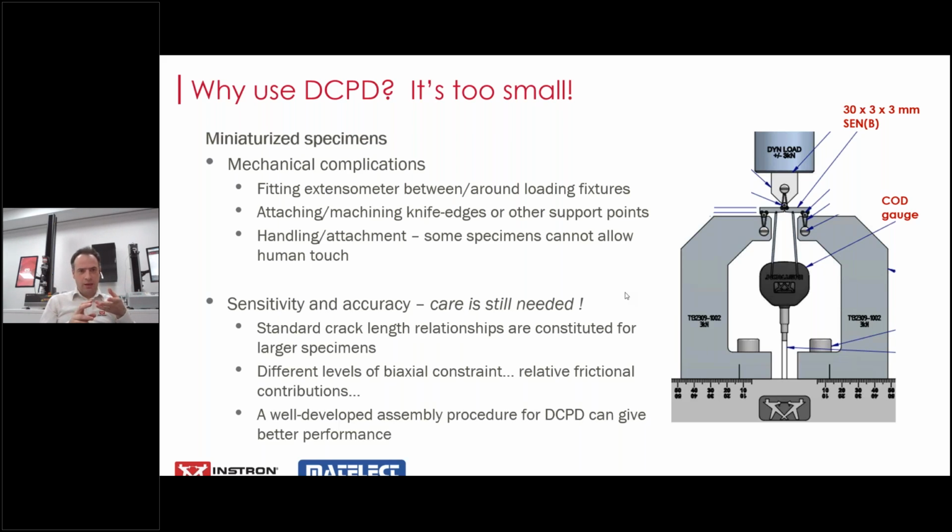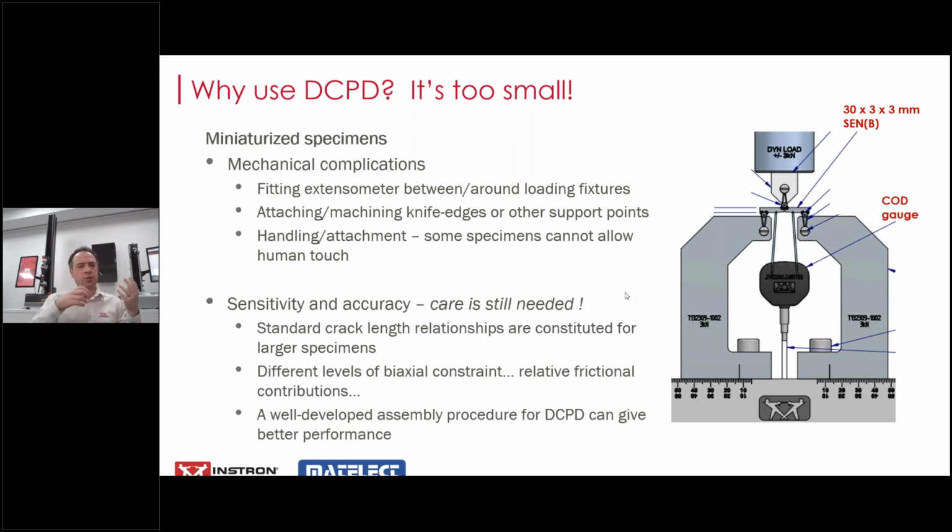You need some care here, because the crack length relationships are constituted for larger specimens. And there are aspects of, what are you doing to the material? You've got different constraints.